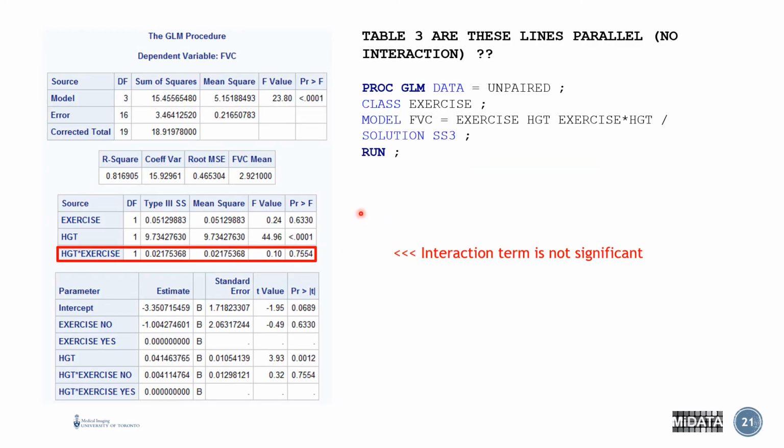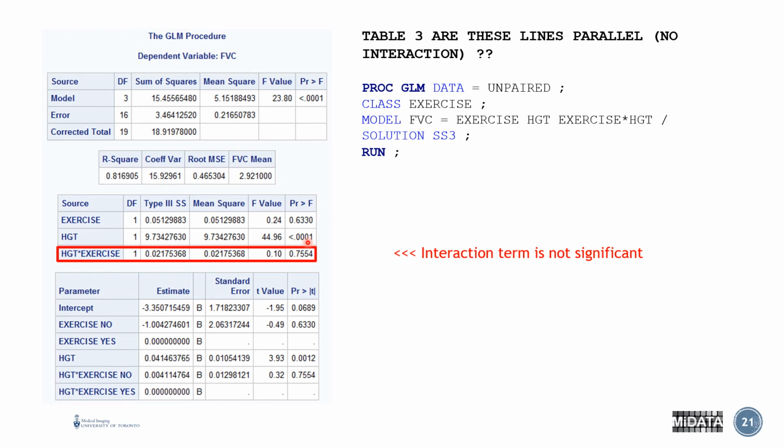Okay, so here is our more exciting model where we combine everything together. You'll remember the outcome is the same, FEC. However, in this case, we're looking at exercise, we're looking at height, and we're looking at height crossed with exercise, so the interaction term, at the same time. Now, right away, you can see the interaction term is not significant.